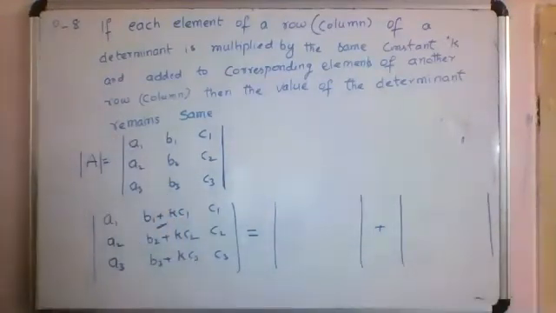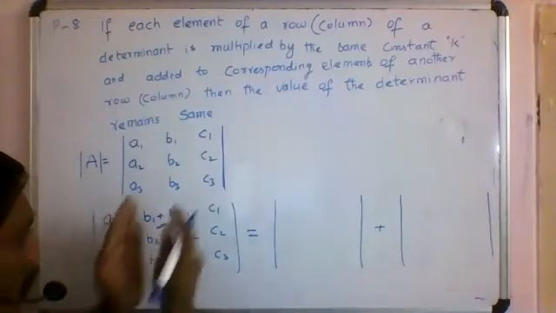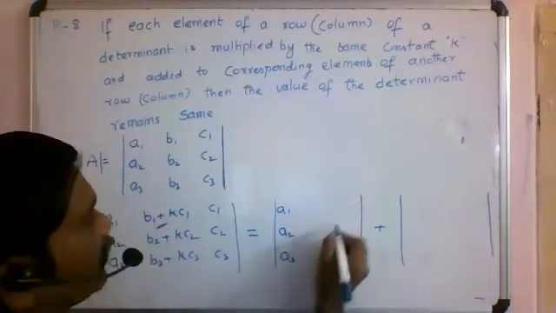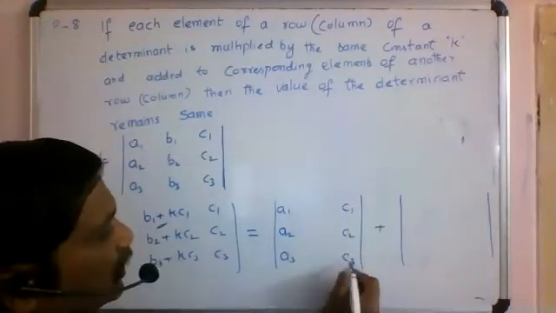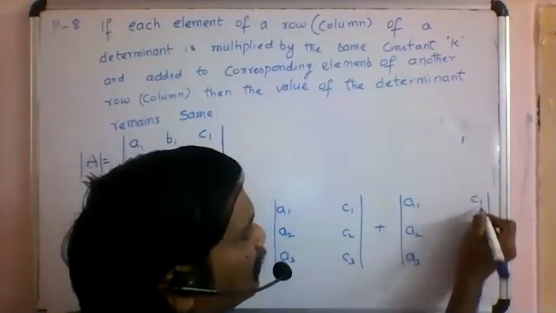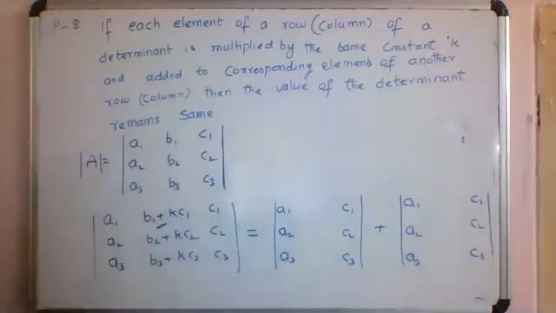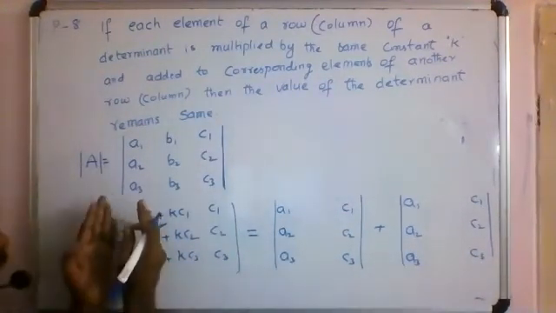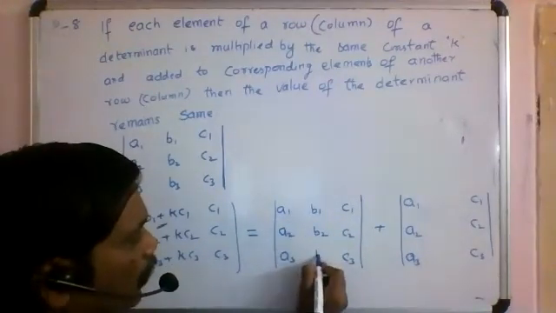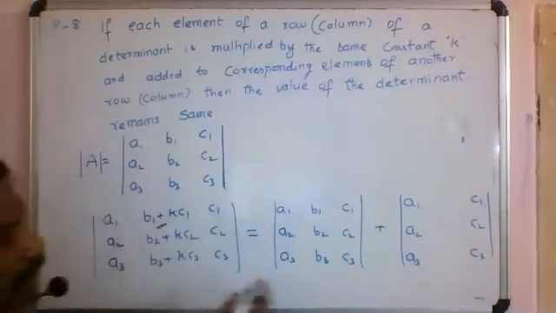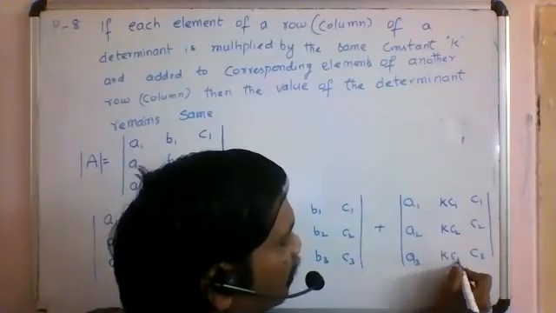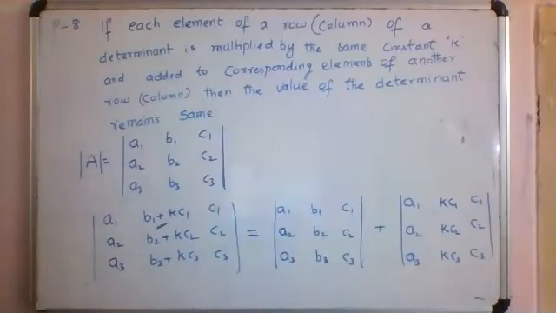There is no change in the first and third columns, so I write A1, A2, A3 and C1, C2, C3 in both determinants. In the second column we split: B1, B2, B3 first, and then k times C1, k times C2, k times C3.